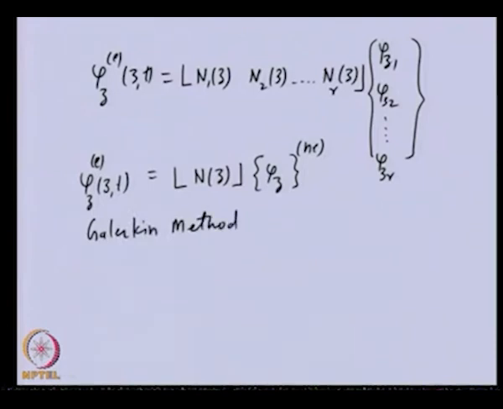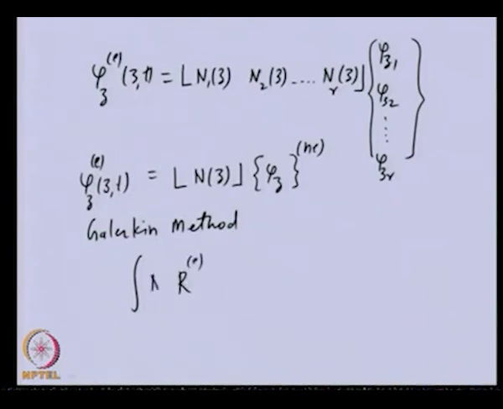In this particular method, whatever residual comes after substitution of this assumed solution in the governing equation, we minimize that particular residual. So, let us say R is the residual for that particular element. So, we multiply this by some function.